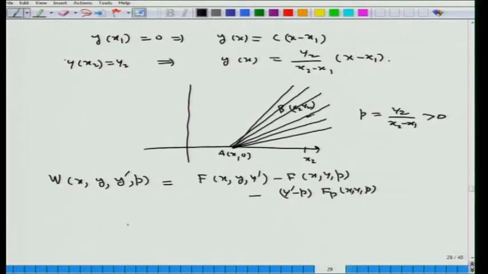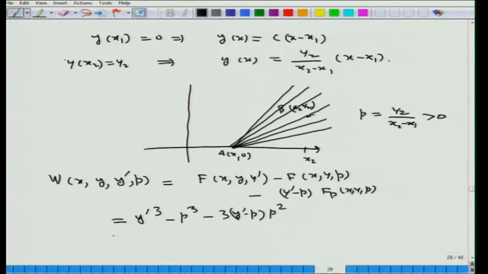In this case this will be y prime cube minus, now we have to substitute p for y prime on the extremal, so p cube, minus (y prime minus p) into f_p, which means 3p square.